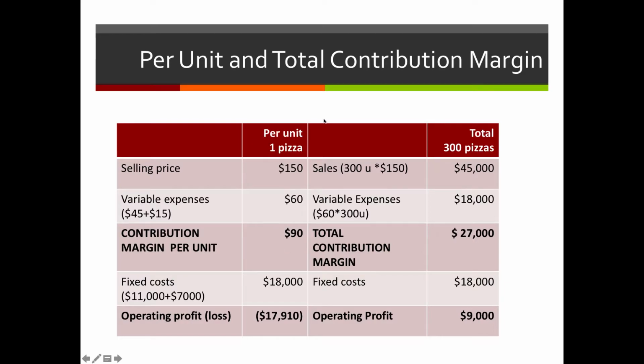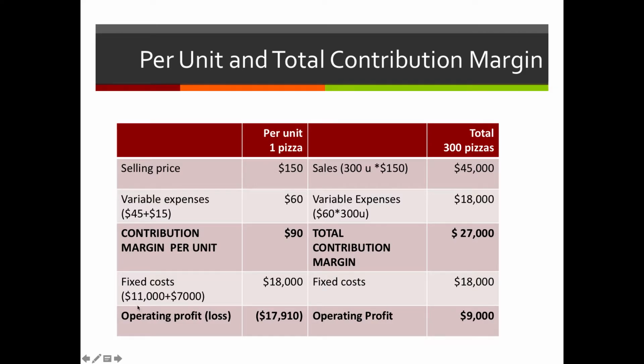Let's see it right here in a table, okay? We may calculate contribution margin per unit or as a total, okay? If we are thinking of selling one pizza, your selling price is 150, your variable expenses, we all agree, are the ingredient cost plus the delivery cost, which added are 60, so our contribution margin per unit is 90.